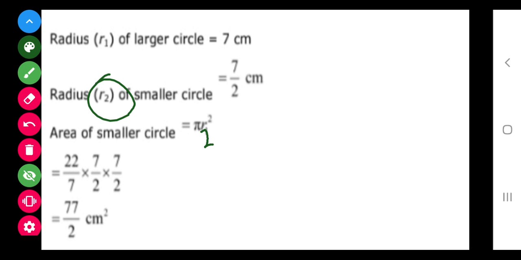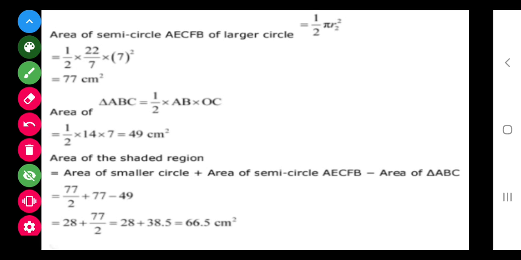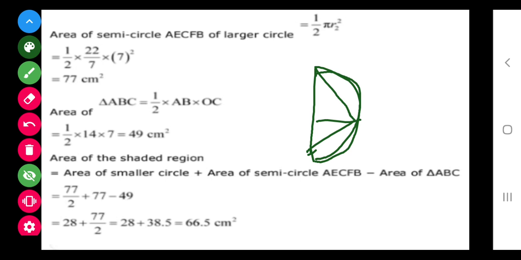Smaller circle radius is r2, so this you can determine. Now next, to determine this part, we can also do area of semicircle. One part I have told you, divide it into 2 and make it a sector.